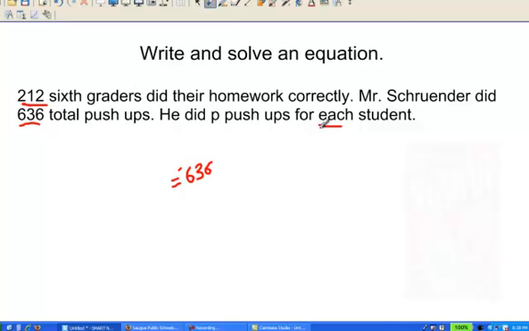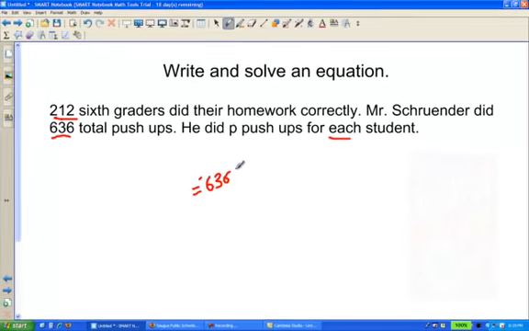And so that's an indication of what operation? Multiplication. So I have 212. My variable is going to be P here. Oh, my pen's not working. So the inverse operation of multiplication, once again, I'm going to divide by 212 on both sides.